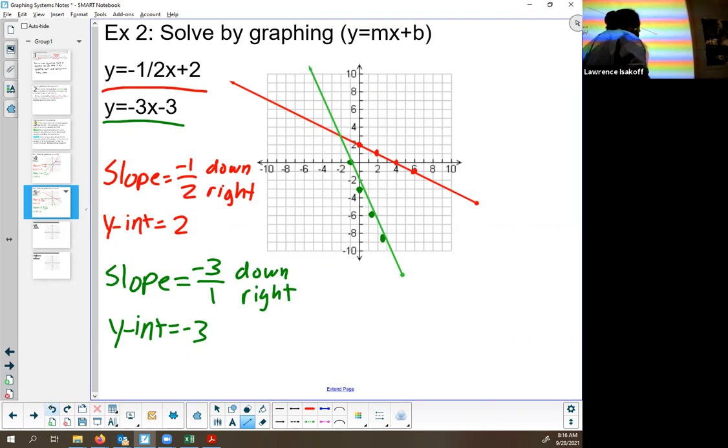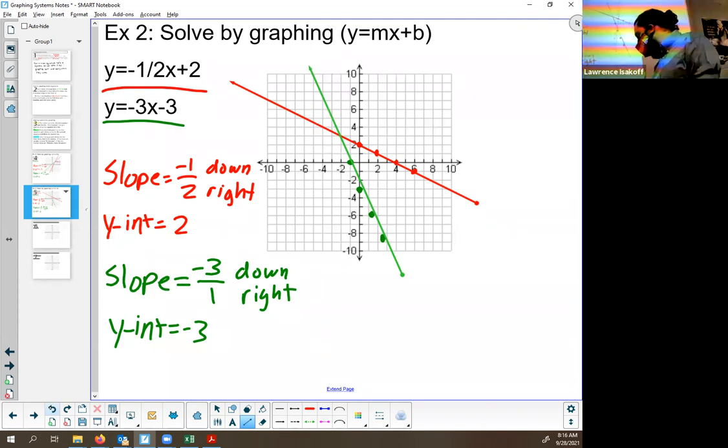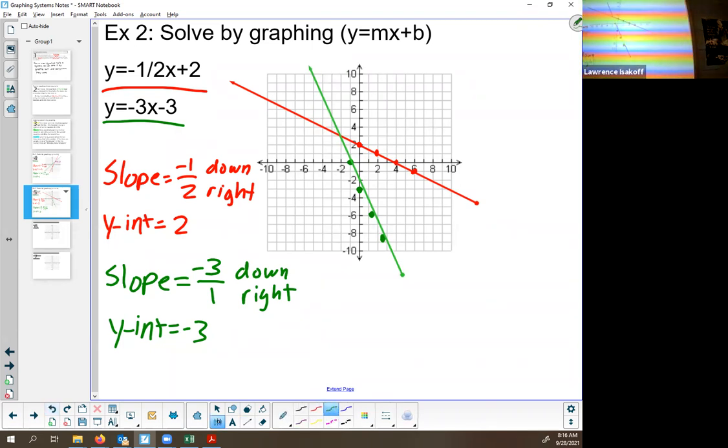Okay, it looks like (-2, 3) should be my solution. You have better grids on the problems you're actually doing. So it looks like (-2, 3) is where these cross.